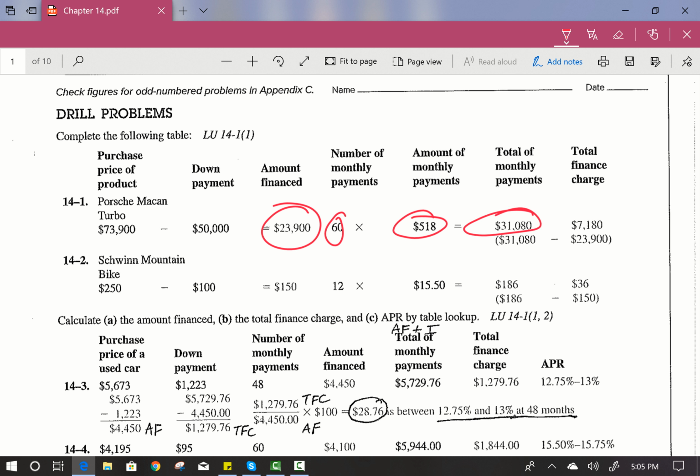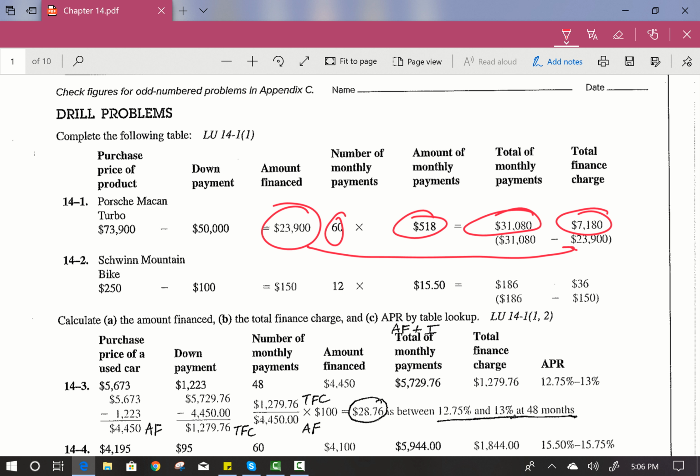Then to find the total finance charge, just subtract from the total of all your monthly payments, which includes both your principal and interest. Therefore, if you subtract out your amount financed of $23,900, that will give you the total amount of your finance charge, or your interest, the amount of interest that you paid on this item of $7,180.